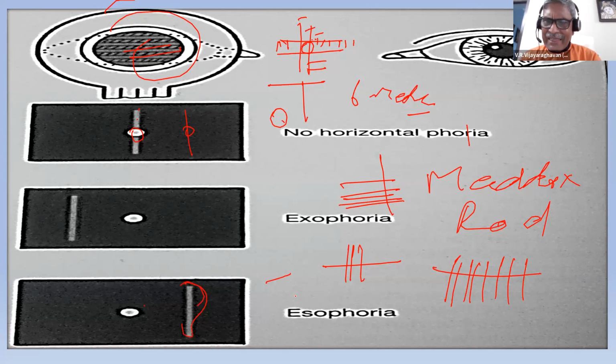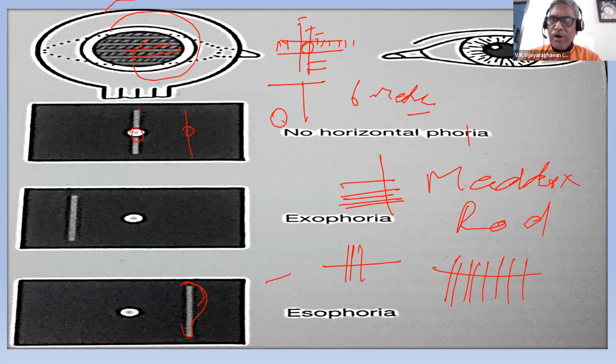Whereas if the line has shifted to the left side, across, it's called exophoria. Same thing as in the Maddox wing. Here also you tell the patient has esophoria for distance, or the patient has exophoria for distance.